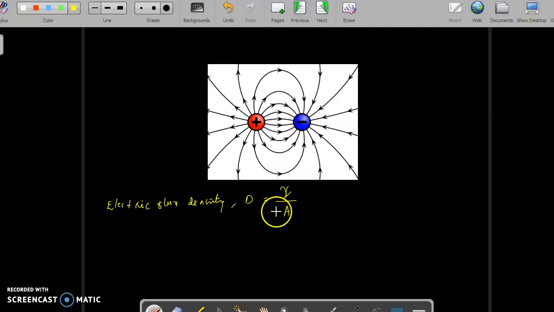Electric flux per unit area. So this is chi, electric flux per unit area. So we know that chi is charge itself. So Q by area. This is the electric flux density. So this is also equal to the charge per unit area.